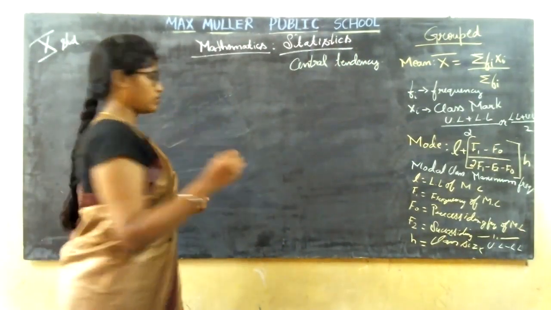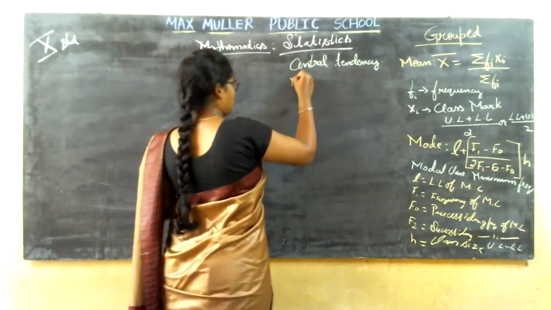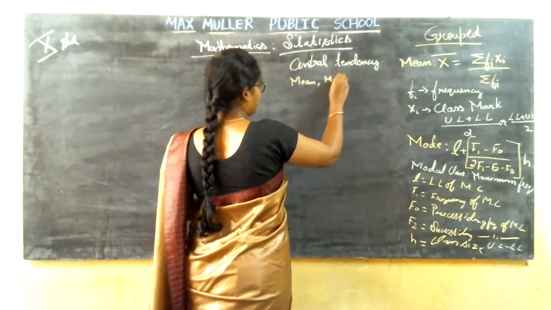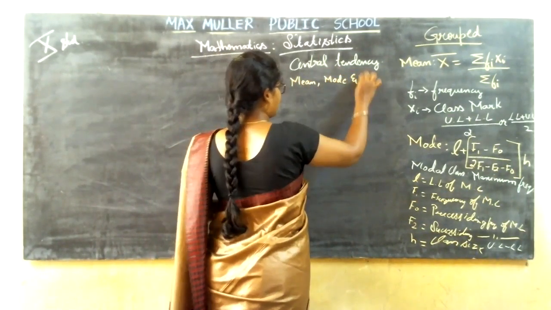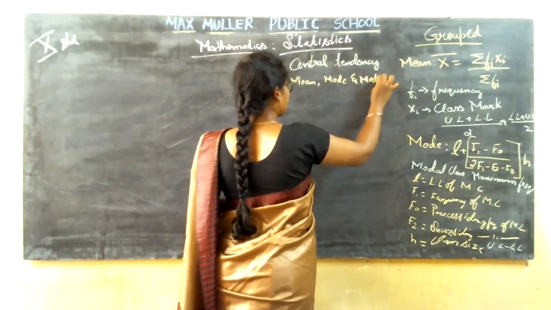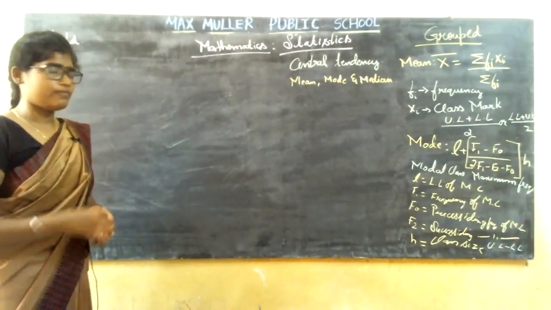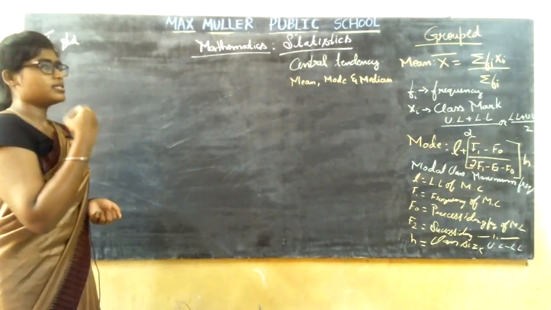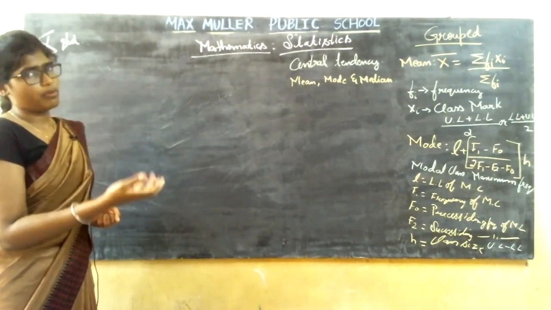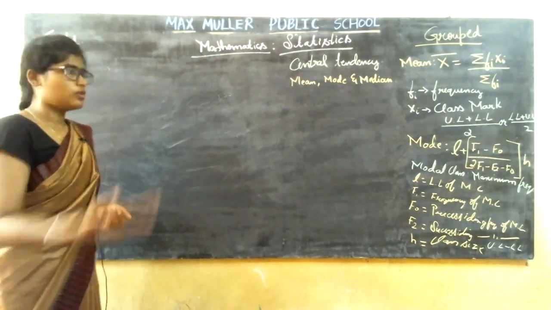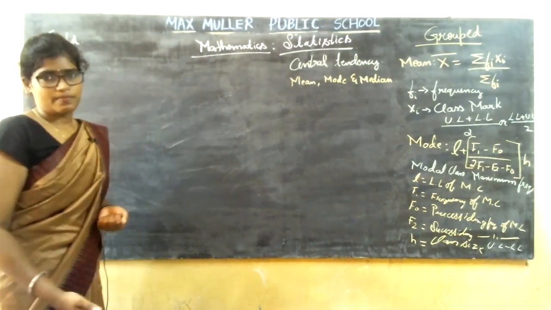It is the combination of all three, that is mean, mode and median. If they have given you a sum with the class interval and the frequency, and they ask you to find the central tendency, then you are going to find out all three.